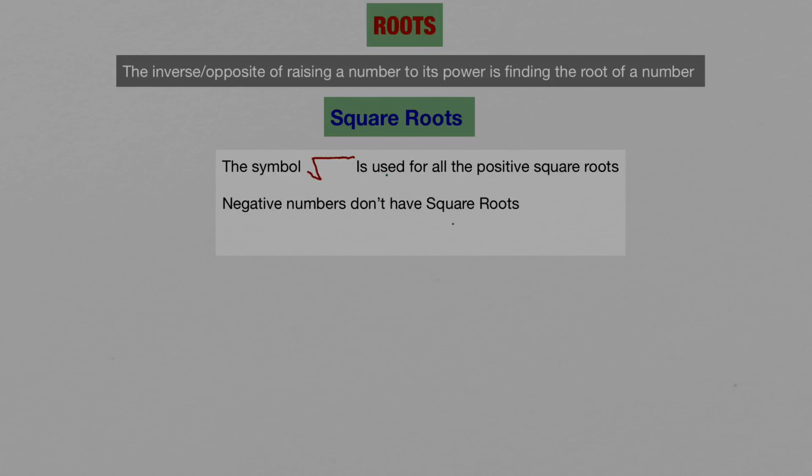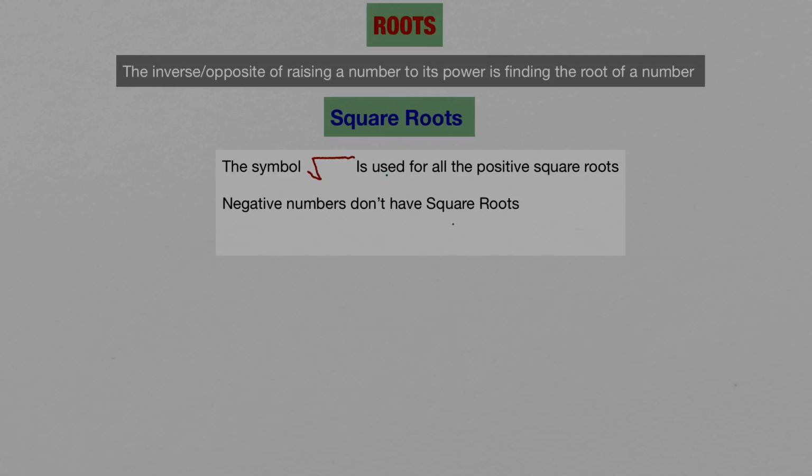The symbol we use for the square root is this symbol. Square root is used for positive numbers. Negative numbers don't have square roots.